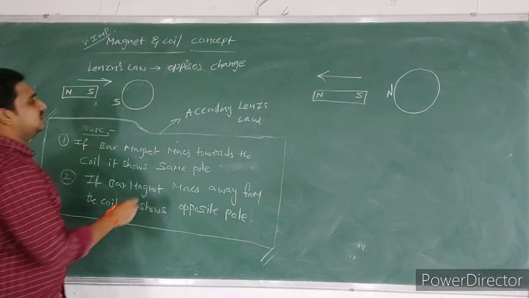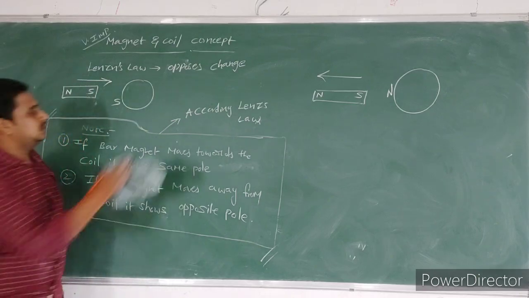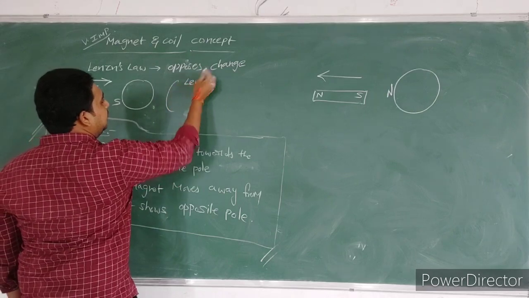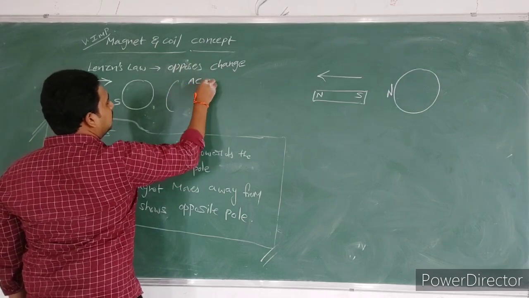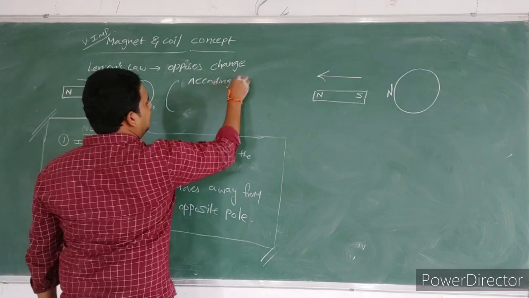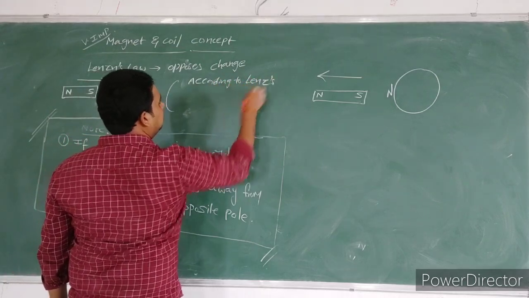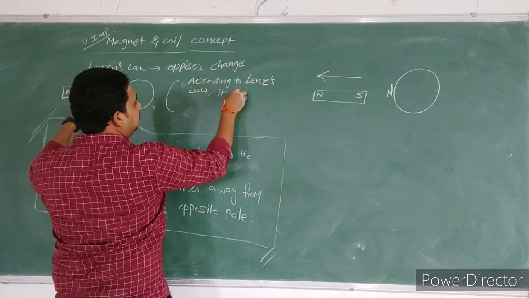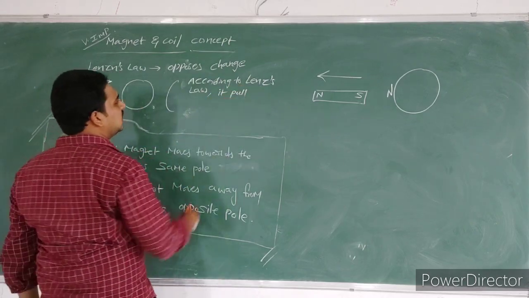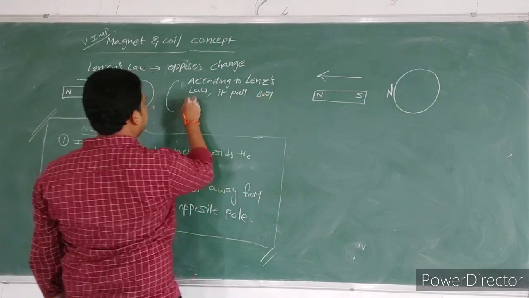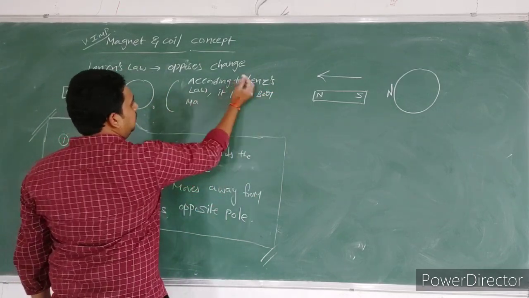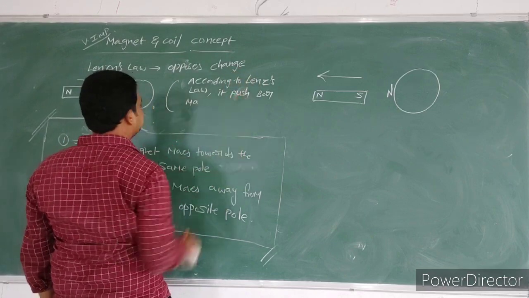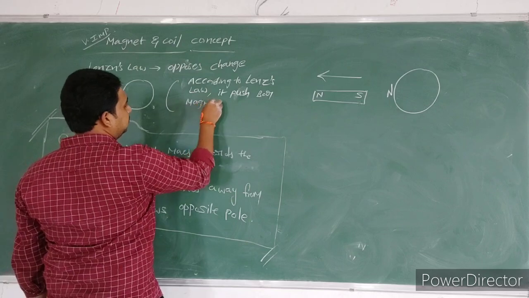Okay? In this case, according to Lenz's law, it pushes the bar magnet away from the coil.